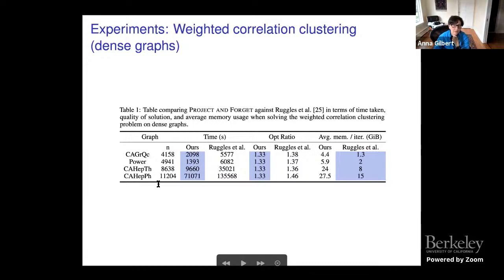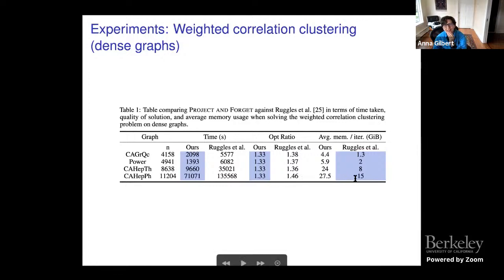These are dense weighted graphs for correlation clustering. Here we get up to 11,000. So, our running time is considerably faster. Our optimality ratio, again, this is how it's controlled by gamma, is better, i.e. we're getting a more optimal solution, a less bad approximation to the optimal solution than their implementation.